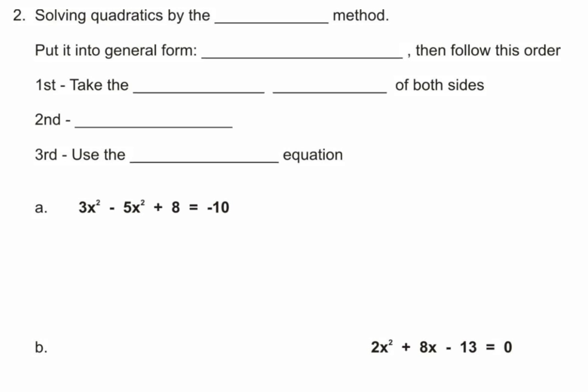Last thing here in this section, solving quadratics by the best method. All right, generally you put it in the general form. General form, again, is the same thing as standard form. Standard form, general form, same thing.